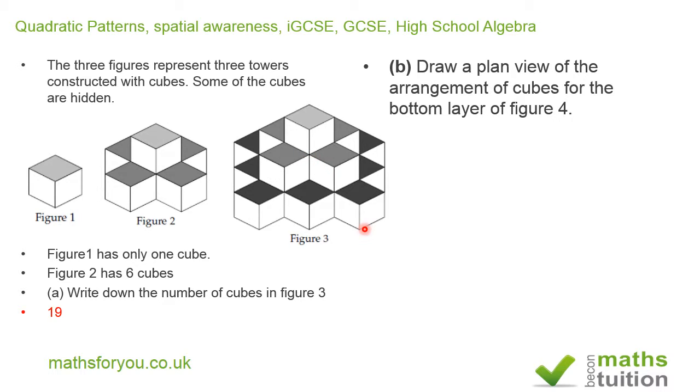Now for figure 4 bottom layer, we need to cover all the exposed faces of the bottom layer of figure 3. So we need 1 cube to cover this face here. That's 1. That's 2.